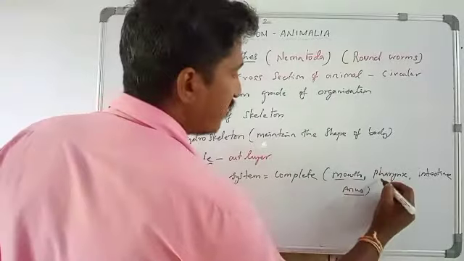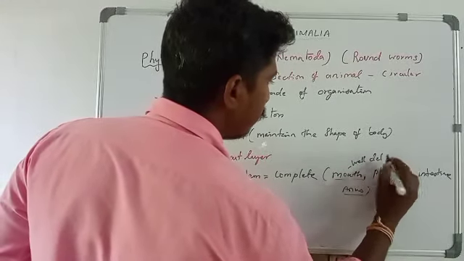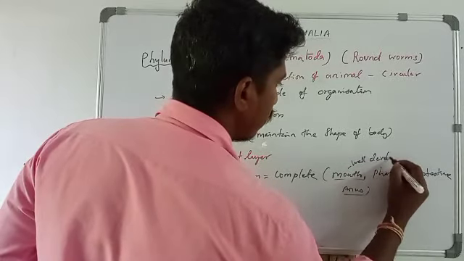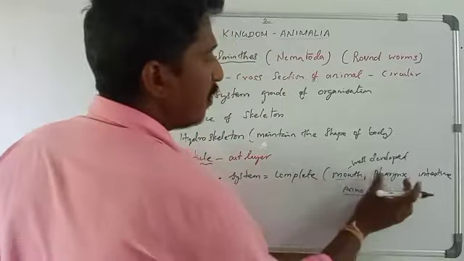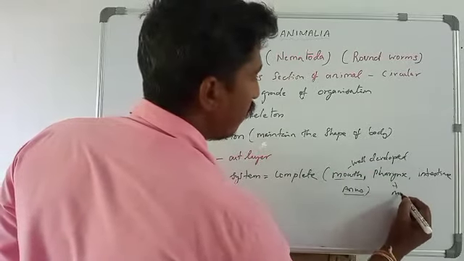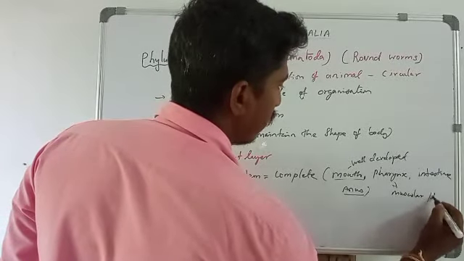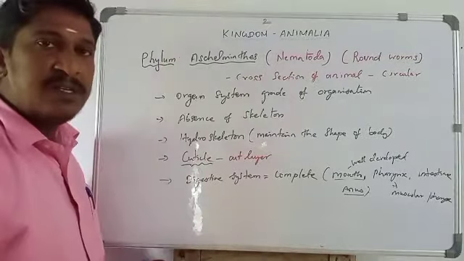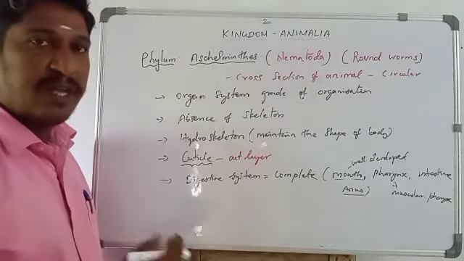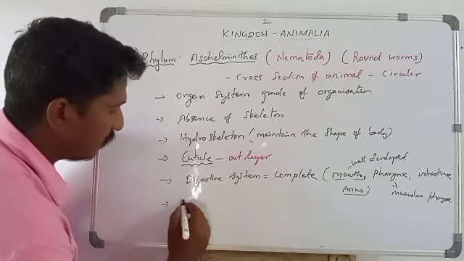The mouth and pharynx are well developed, with a muscular pharynx. Respiration is through the body surface by diffusion.